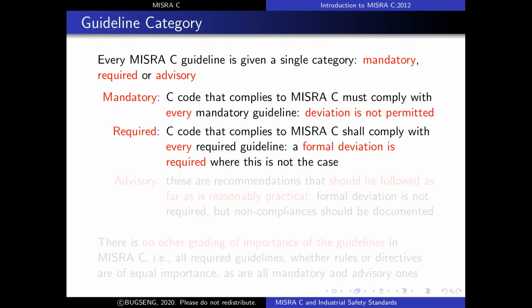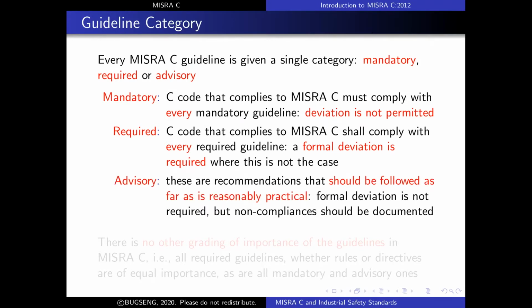What is a formal deviation? It is an argumentation where someone explains why the rule or directive can be not followed in a specific situation for certain reasons, and a reason should be given why safety is not impacted by not applying the rule in a specific instance.